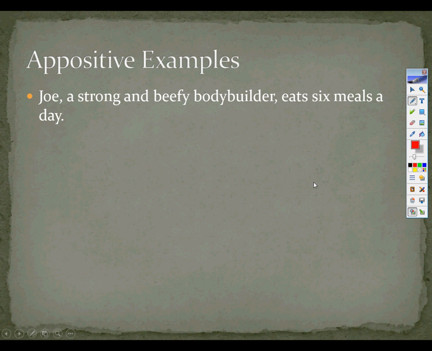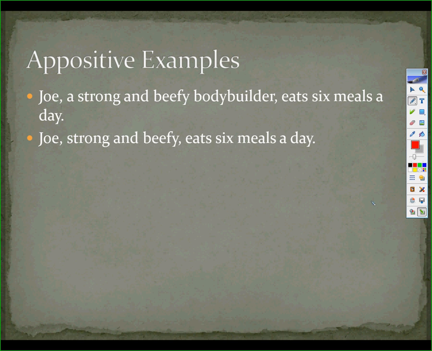Now let me show you something. Joe, strong and beefy, eats 6 meals a day. Now why am I showing you this? Well, this is a common mistake that many students make. And actually, this mistake is a different brushstroke, the one that we're going to learn later, which is called adjectives out of order. But let's look at this. We've got Joe, noun, and we've got strong and beefy. No noun over here.